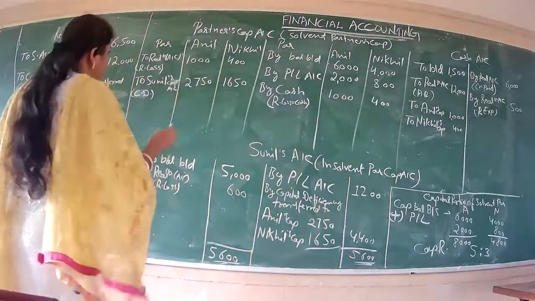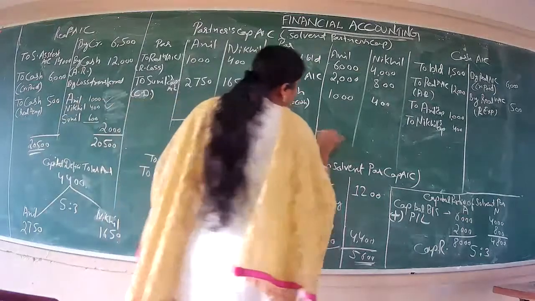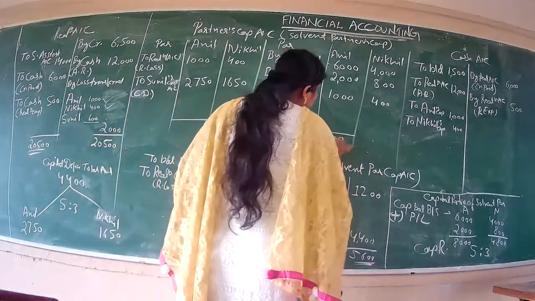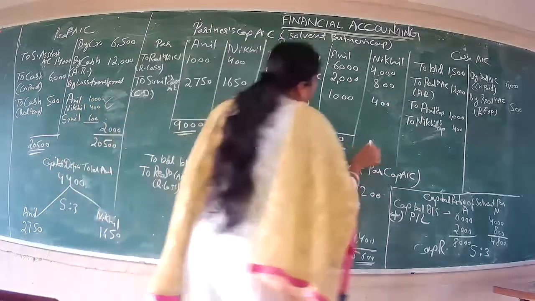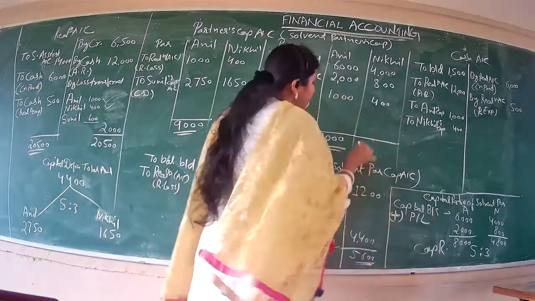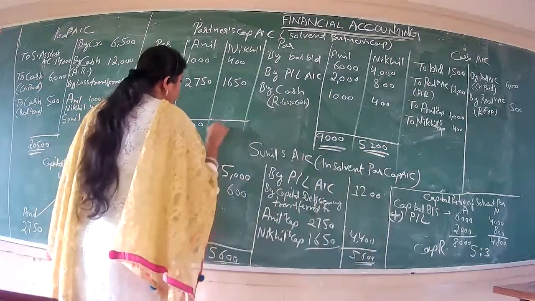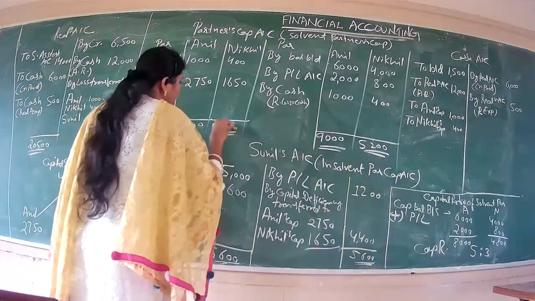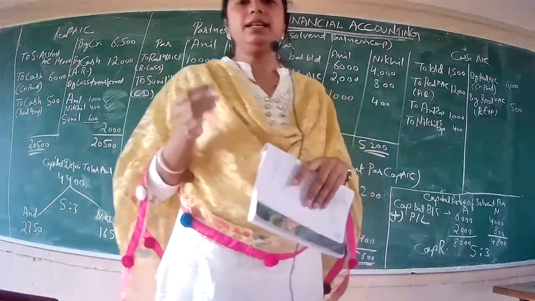So make the total. This side we have the bigger total, that is 9,000. Right here also 9,000. And this side, how much do we have? We have 5,200. So write this side also 5,200. Fine. Now we have to calculate the balancing figure.